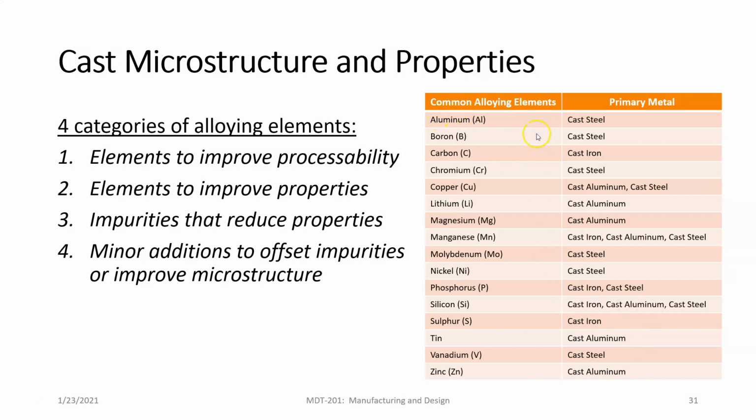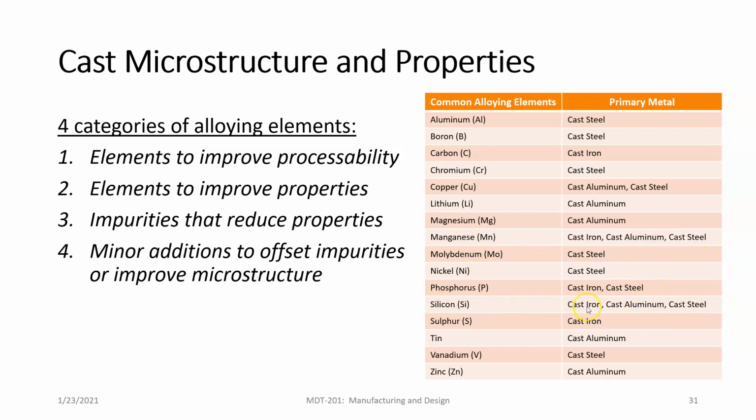And so here's a table that I put together. So, aluminum is a common alloying element for cast steel. So is boron, chromium, right? How do you make chrome? Well, you add chromium as an alloying element, right? Copper is also used with cast steel. Manganese, silicone.